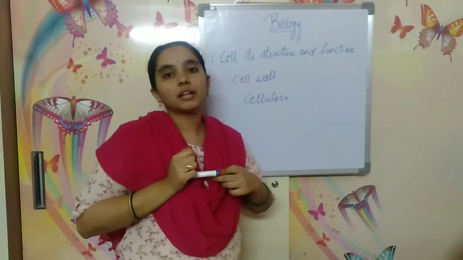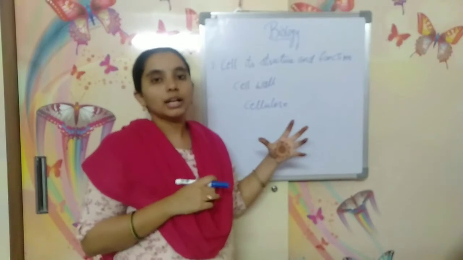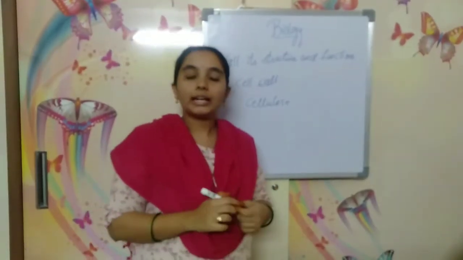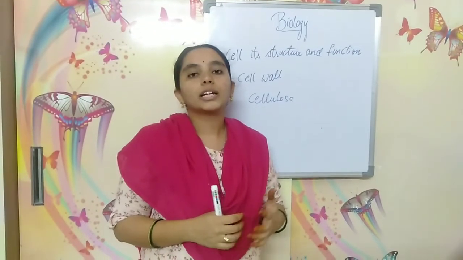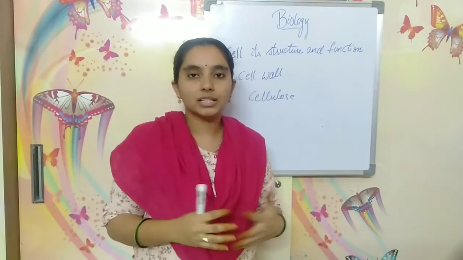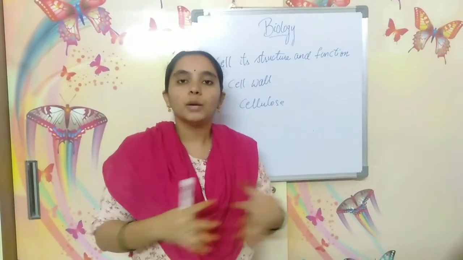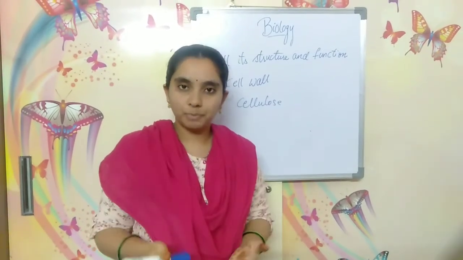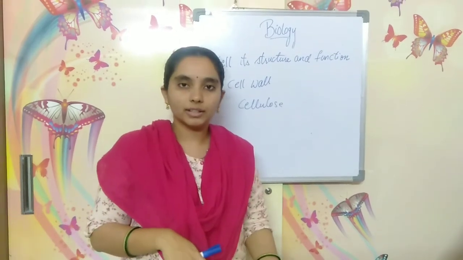This cell wall is the tough, rigid membrane that gives strong support to the plant to withstand any damage or climatic conditions. For example, if the wind blows at very high speed, every plant does not fall down on the ground.